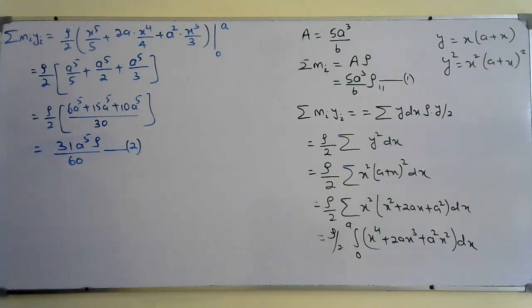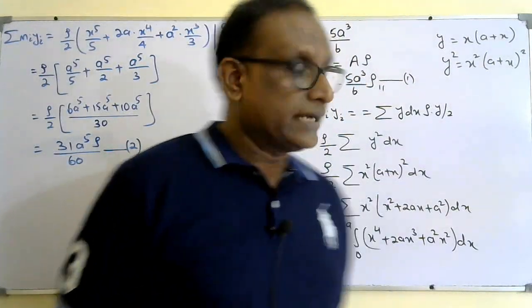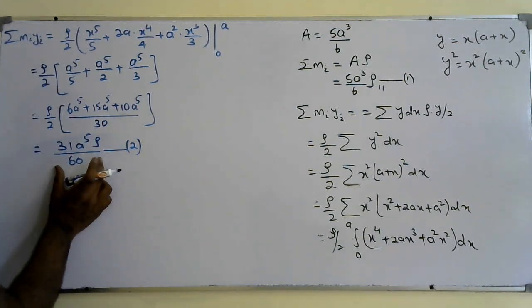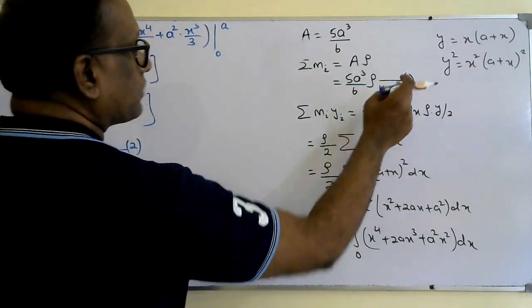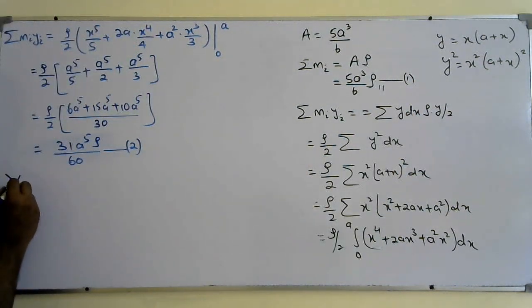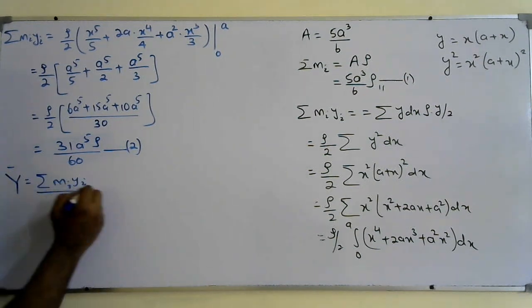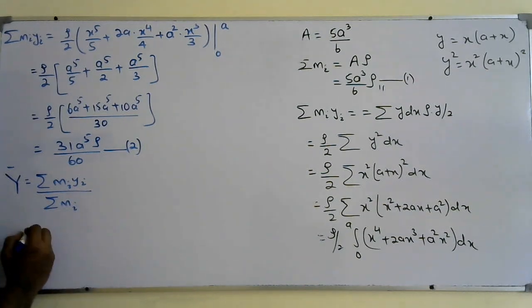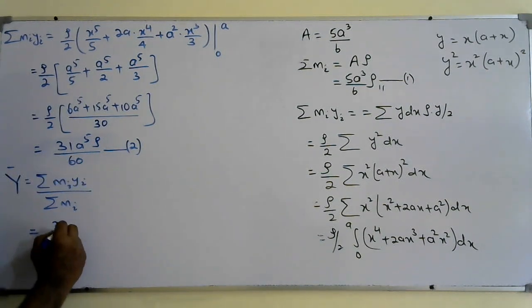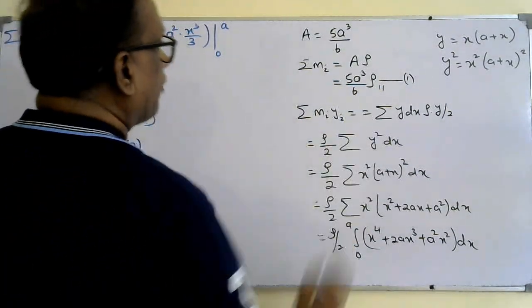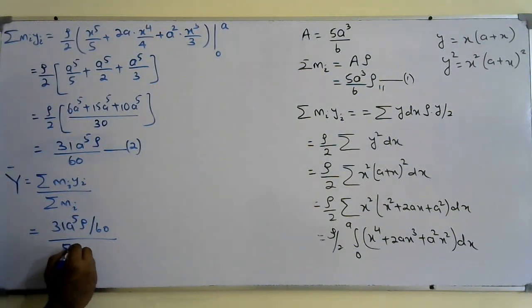Okay, so we know that sigma mi xi over sigma mi, we found it. Sigma mi, we found it here, that is this one. So the y coordinate y bar is equal to sigma mi yi over sigma mi. Sigma mi yi is 31a to the power 5 rho over 60 divided by sigma mi, 5a cube rho over 6.